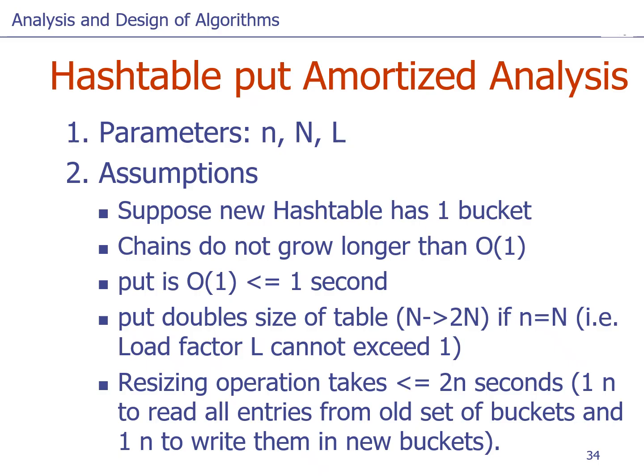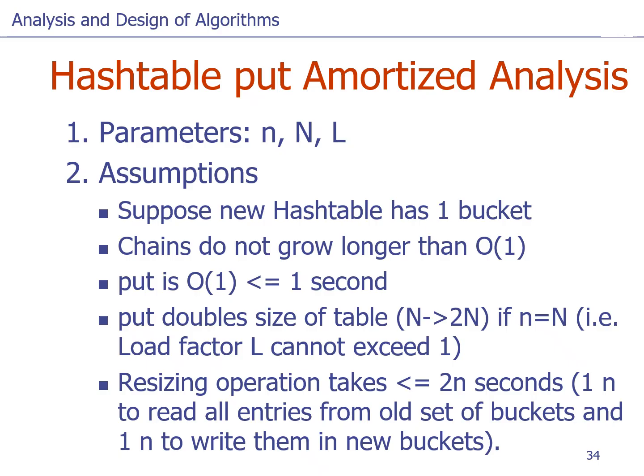And I will also assume that the doubling of the buckets is going to happen when the load factor is equal to 1 instead of 0.75. Again, this is an assumption just to be able to work out the math using simpler computations. We could still have done it with load factor equal to 0.75, but we would just complicate our math a little bit.